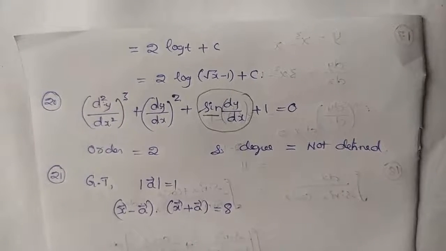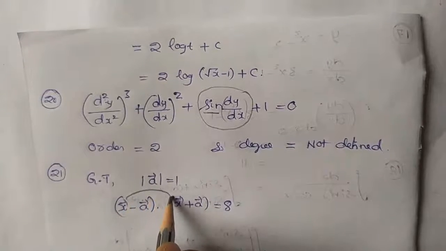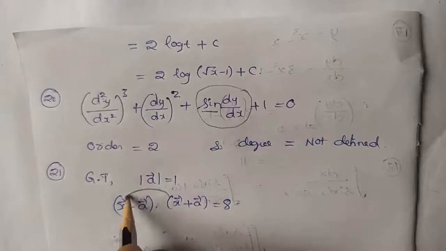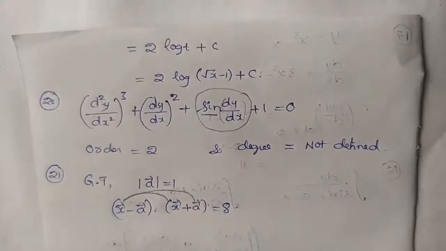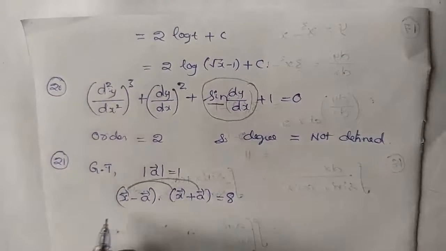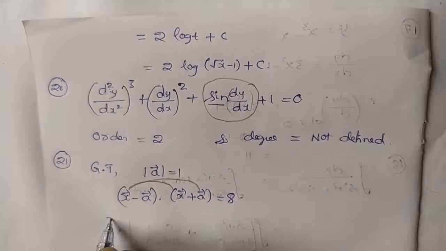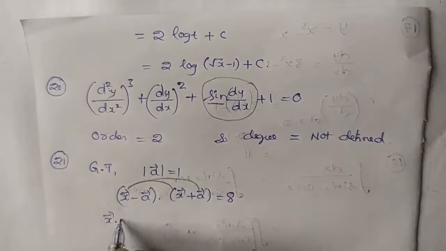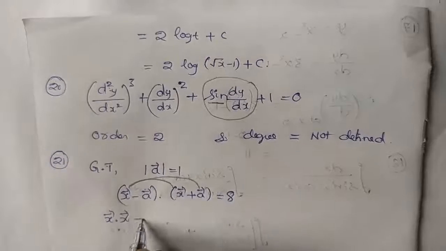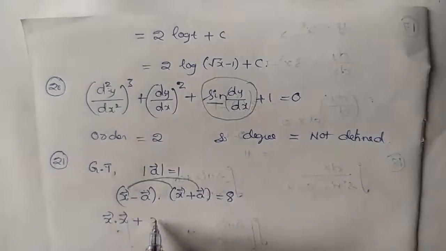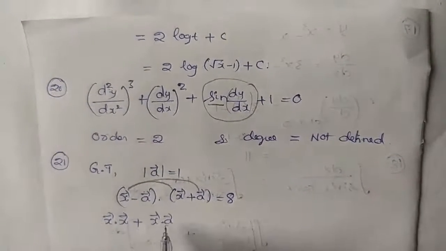Now apply the dot product: x vector dot x vector, which is the magnitude of x vector squared, plus x vector dot a vector.